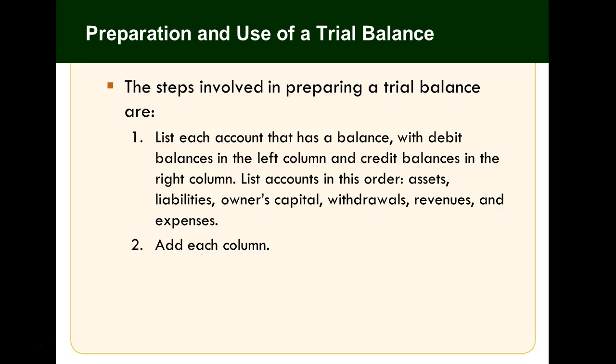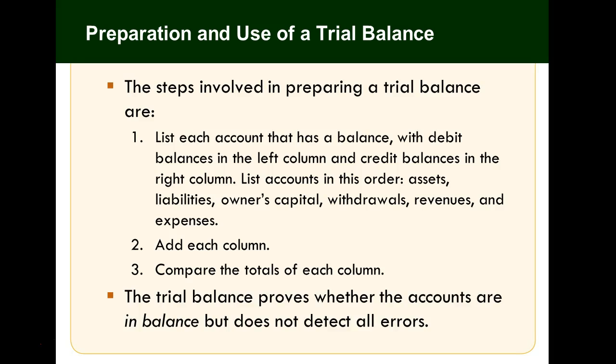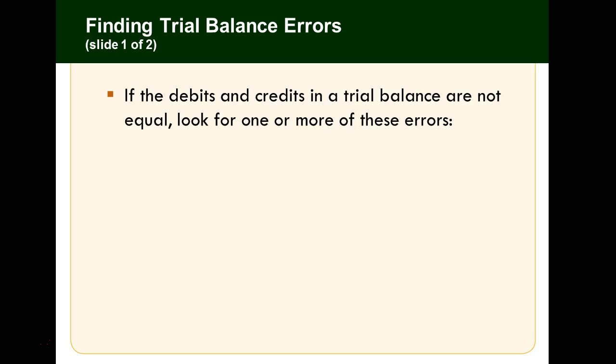We add each column, and they better balance, right? The trial balance proves whether the accounts are in balance. It doesn't detect if we have an error. It just makes sure our debits equal our credits.